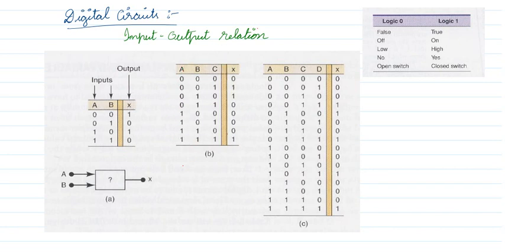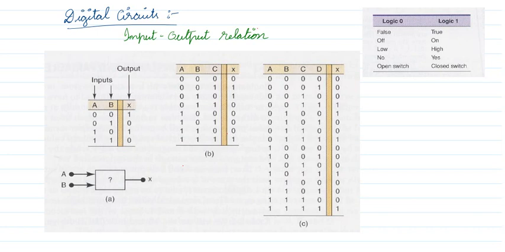Similarly, for 4 inputs, another truth table is given. So A, B, C, D are the inputs, X is the output. For how many cases is the output 1? 1, 2, 3, 4, 5. So for 5 combinations of input, output is 1.